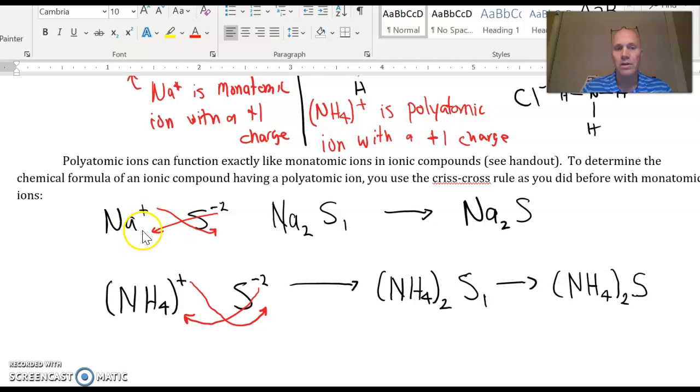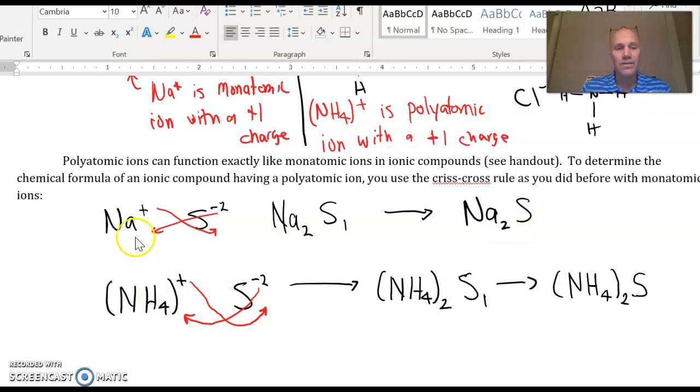The number from here becomes the subscript over here, which tells you how many of that ion you need. You take the number from here and put it down here. For example, this will give you Na2S1, and then you simplify it. One of the ways that you simplify is that you simply remove any of the ones.